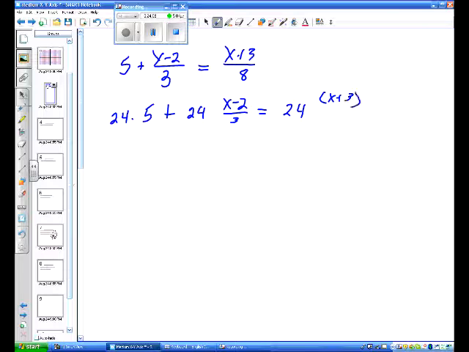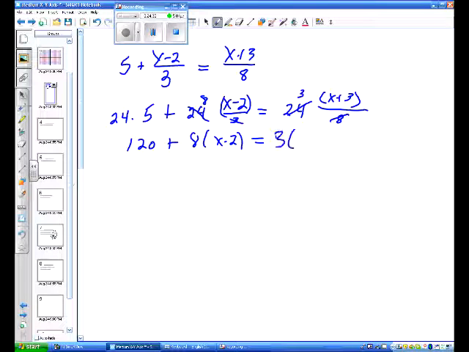And I'm going to go ahead and put that numerator in parentheses just to remind myself that they're understood to be in parentheses. That's part of our order of operations. So 24 times 5 is 120. Then we can cancel. 3 goes into 24 8 times, so we're going to have 8 times x minus 2 is equal to 8 goes into 24 3 times, and we're going to have 3 times x plus 3.